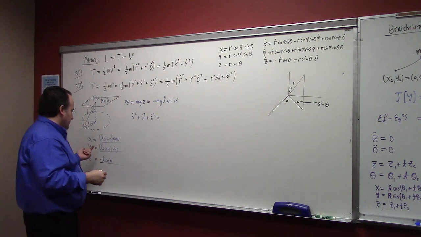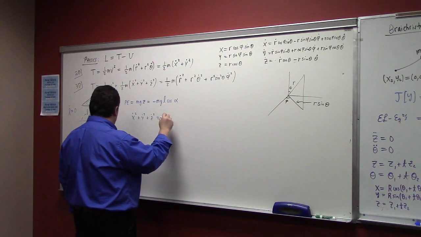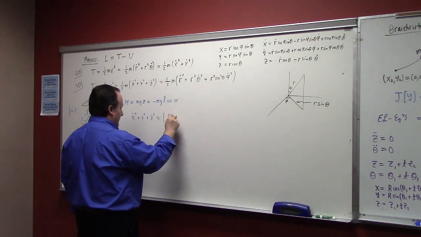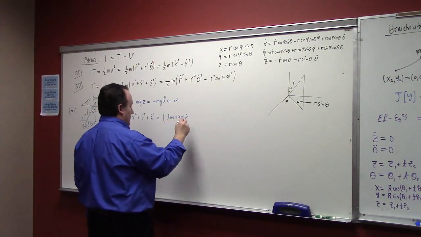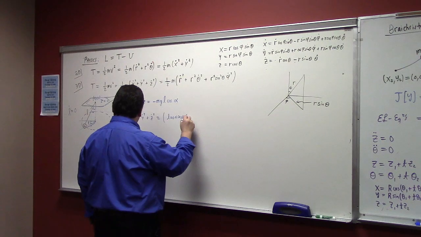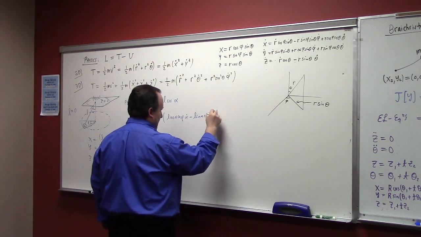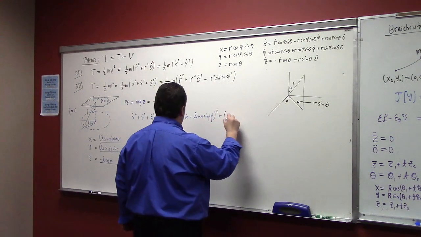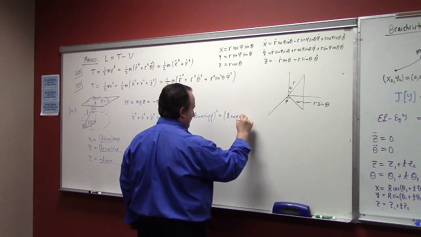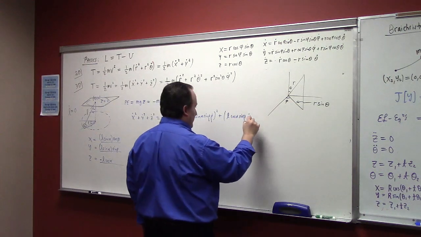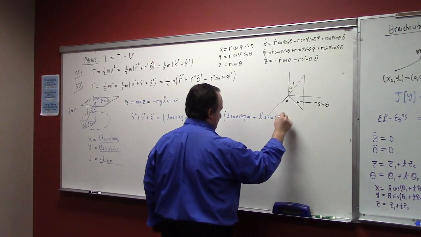It's going to give me L cos alpha cos beta alpha dot, minus L sine alpha sine beta beta dot, squared, plus L cos alpha sine beta alpha dot plus L sine alpha cosine beta beta dot, squared.